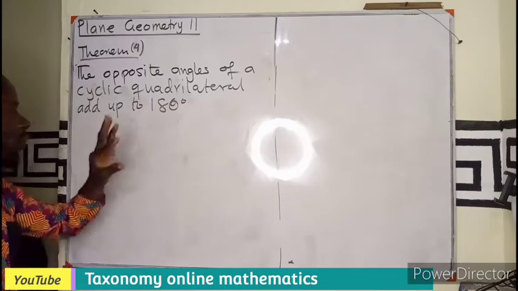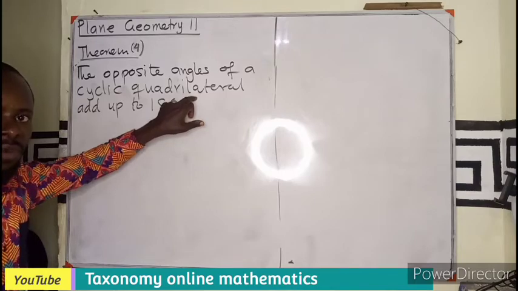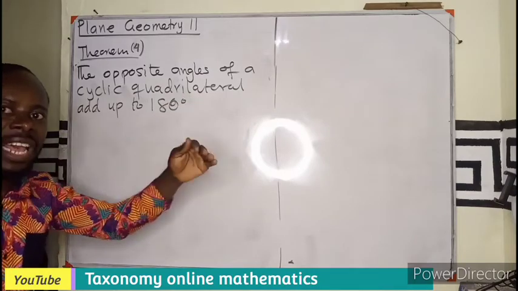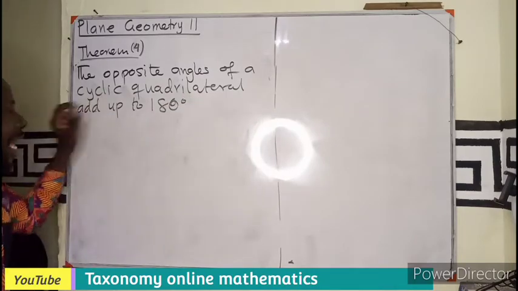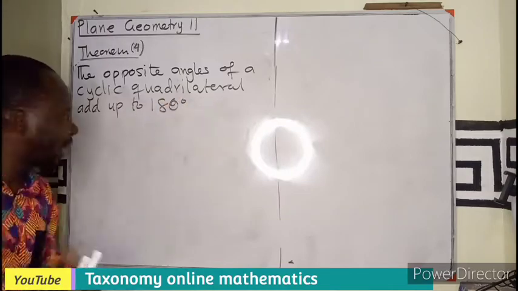Now there are two terms here, cyclic and quadrilateral. Beginning with this, we know quadrilaterals are four-sided figures. Then a cyclic quadrilateral means a quadrilateral inscribed in a circle.